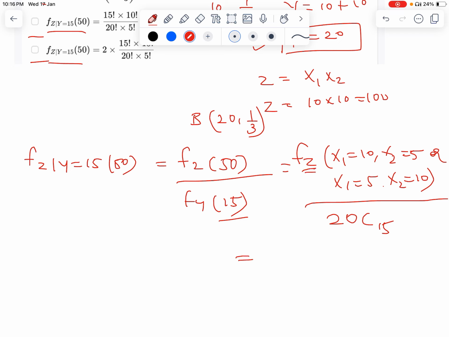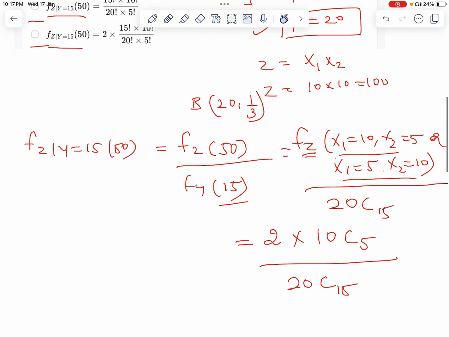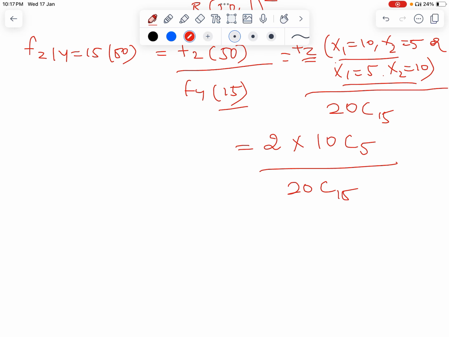Reiterating the numerator, because for X1 and X2 there are two possibilities, we are going to write it as 2 times the combination 10C5, by the denominator, the total of 20 for Y. So out of 20, 15 we are going to select. That is the logic and the shortcut trick I have found.